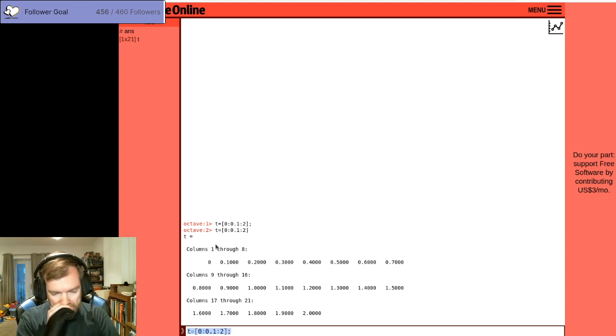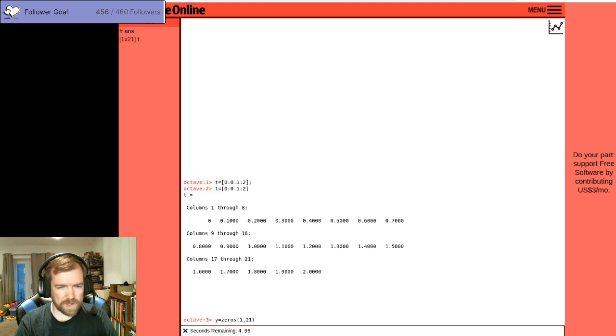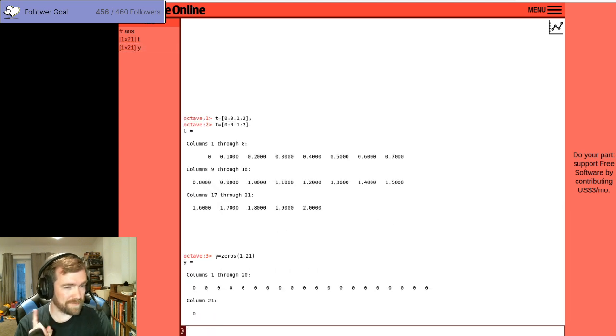Alright, and then what we can do is say that y is also going to be a 1 by 21 zeros matrix, so that's going to match the exact same size as t.